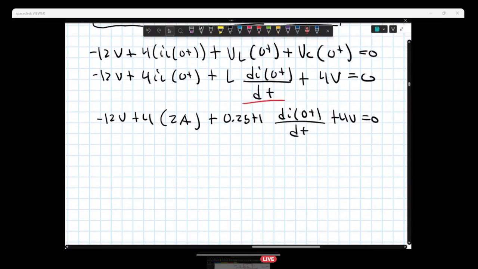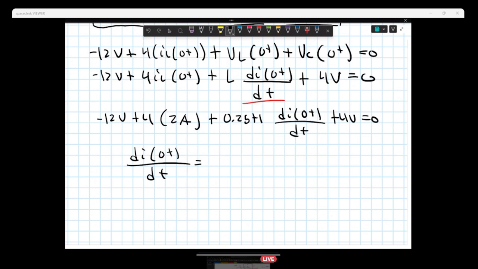So now we just solve for di of 0 plus over dt, which equals 12 minus 4 times 2A minus 4 volts, all divided by 0.25. And that should give you 0.